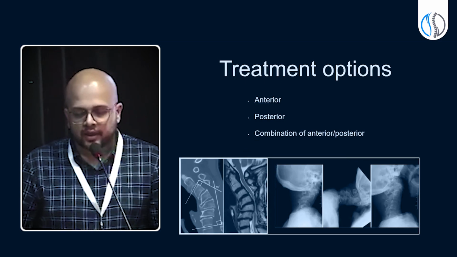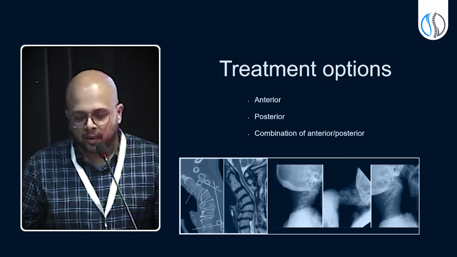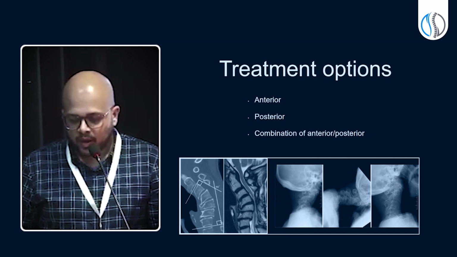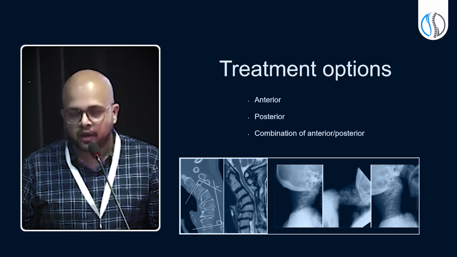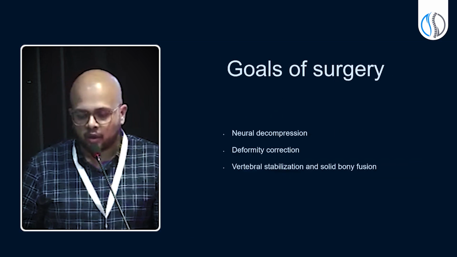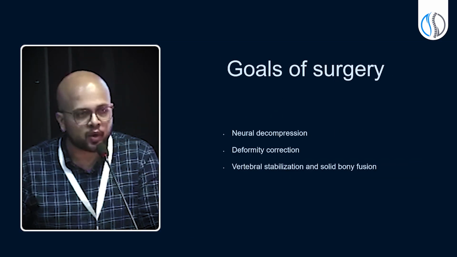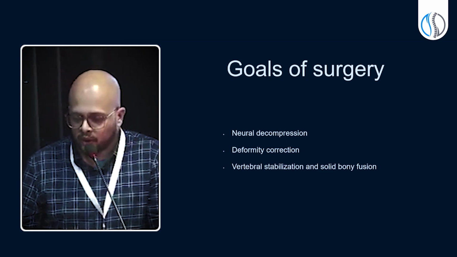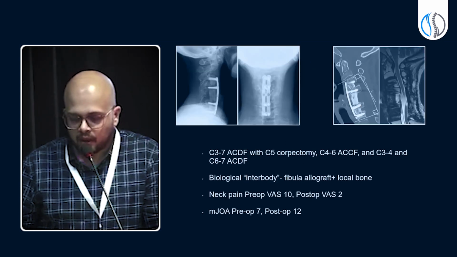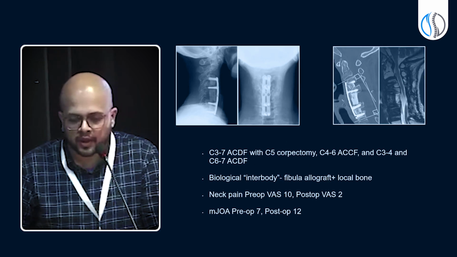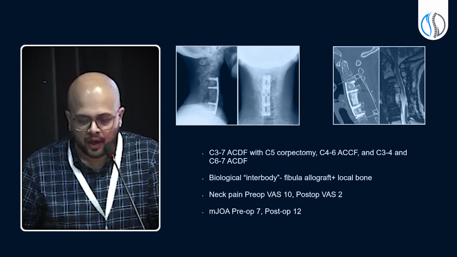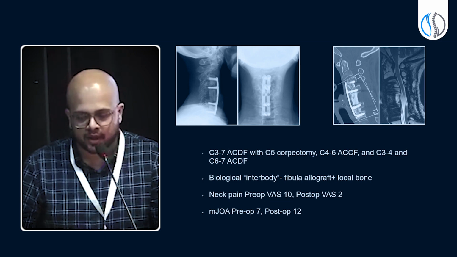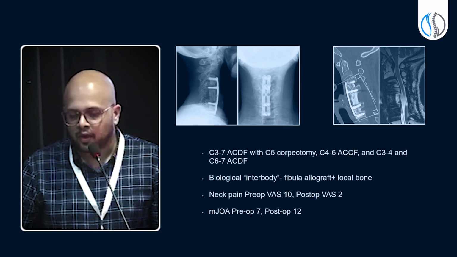So coming back to the case, we have various treatment options which include anterior, posterior and a combination of approaches. Regardless of what treatment strategy we use, the goals of surgery remain neuro decompression, correction of the deformity and achieving a solid bony fusion. In this case, given the flexible nature of the deformity, we went from the front and a C5 corpectomy with an ACDF above and below was done with fibula allograft and local bone.